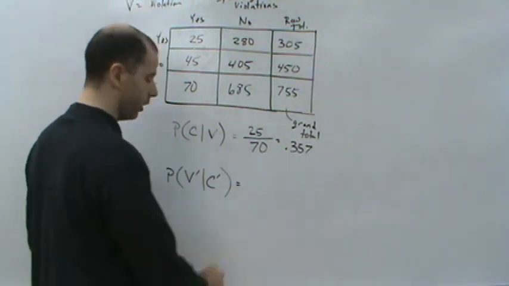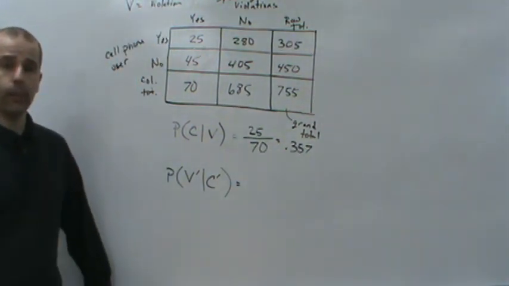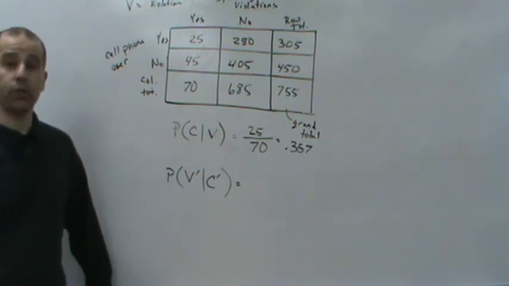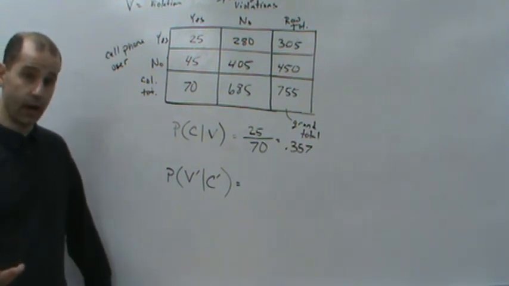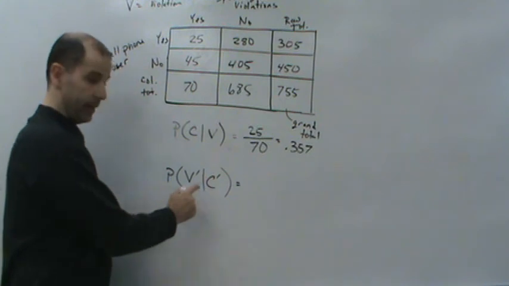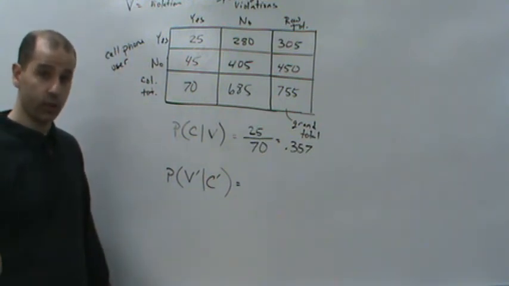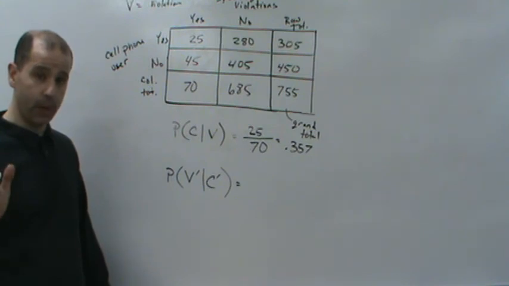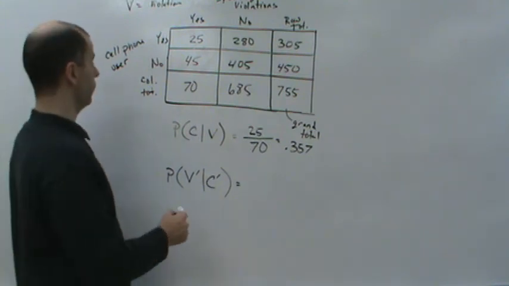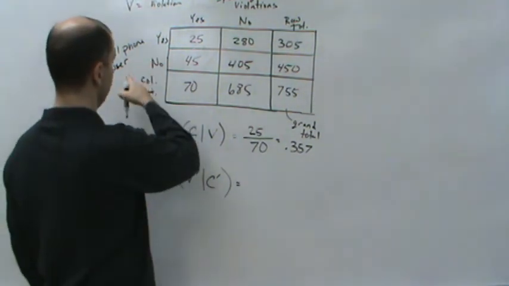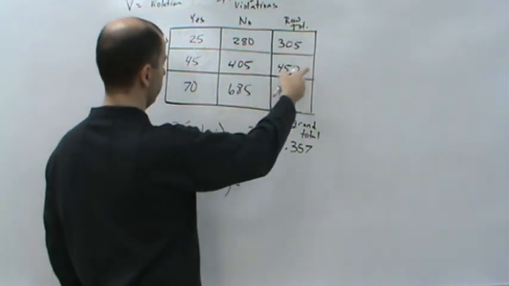So now, what are we interested in? Well, what's the given information? We know this person, whoever they are, is not a cell phone user. So now we're only interested in the group of people who are not cell phone users. So that means we're only interested in this group right here.